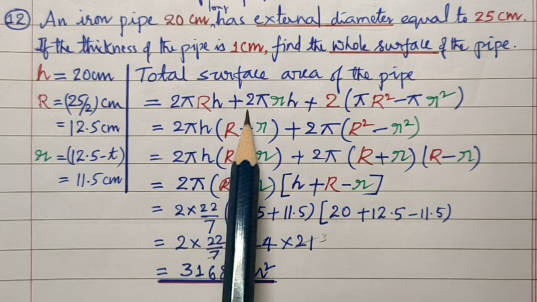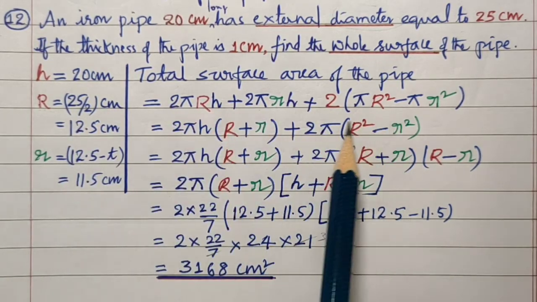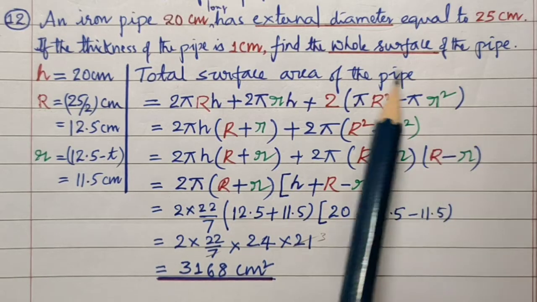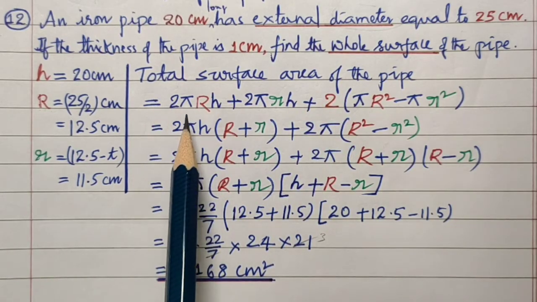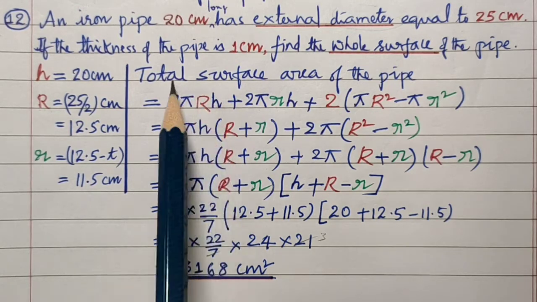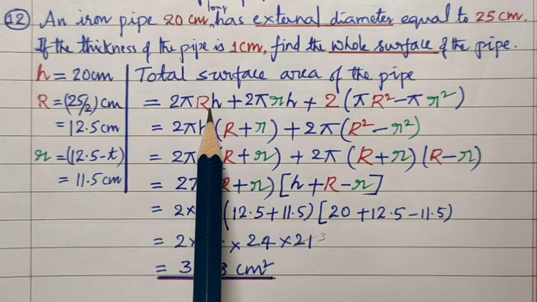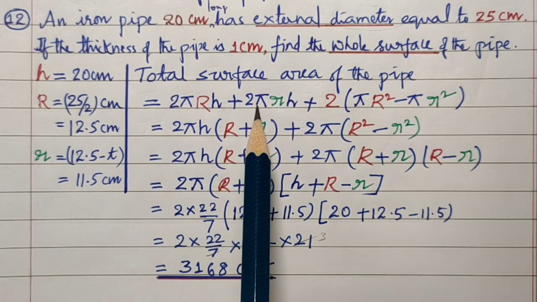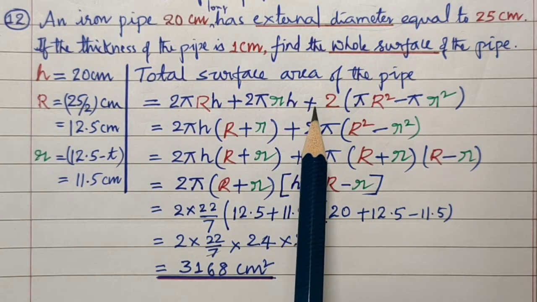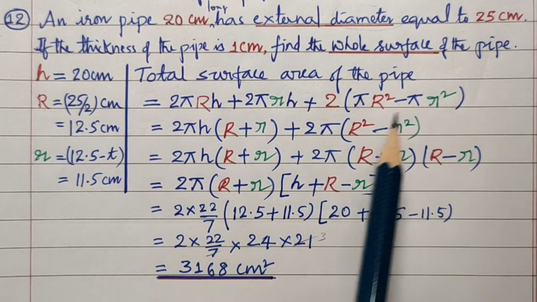Then 2 pi h (R plus r). Instead of substituting here, simplify this equation so that the calculation becomes very easy later on. Total surface area of the pipe is equal to the external surface area 2 pi R h, plus the internal surface area 2 pi r h, plus 2 times the top and bottom, pi R square minus pi r square.